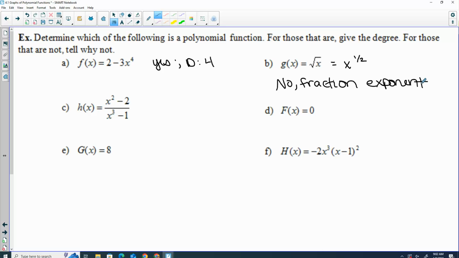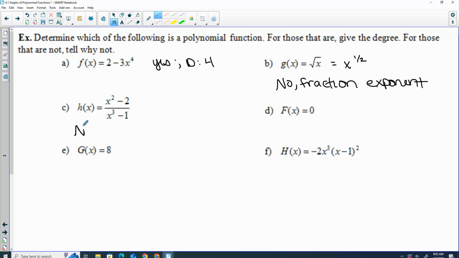And what do you think about C? Would that one be a polynomial? Our definition said we are adding or subtracting powers of x. So can we divide them? No, there's nothing that allows that. Another way to think about it, if a variable is on the bottom of a fraction, it's like a negative exponent, so that's not allowed.